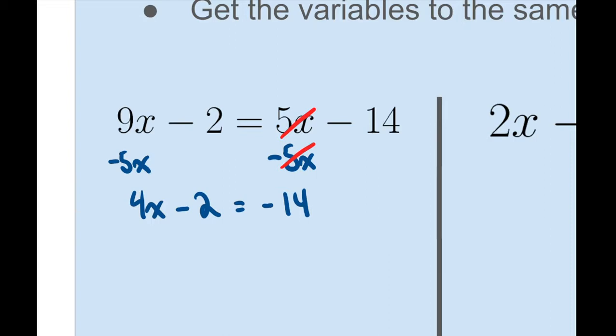So I've gone from a multi-step equation with variables on both sides down to a two-step equation, which we should solve from the last lesson. So we start with our constant, get rid of the minus 2 by adding 2, add 2 to both sides, one side cancels out, 4x equals negative 12.